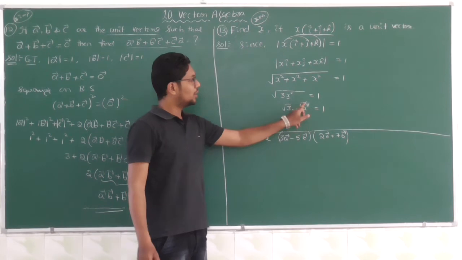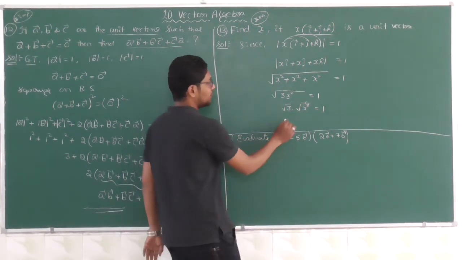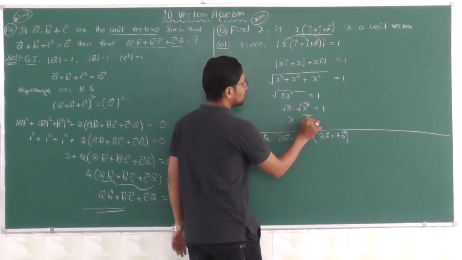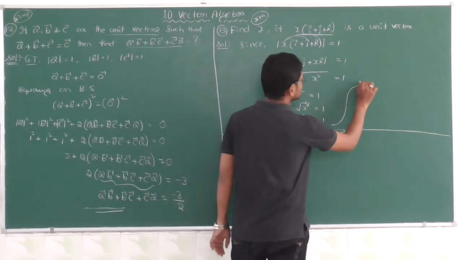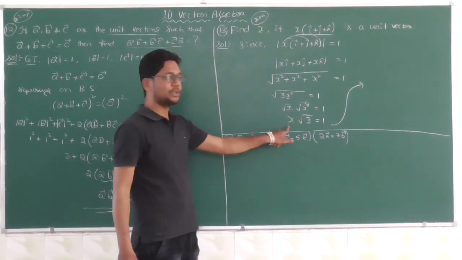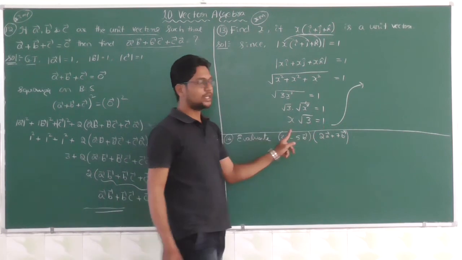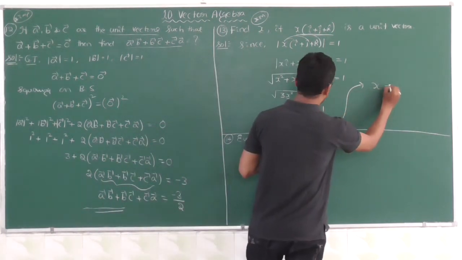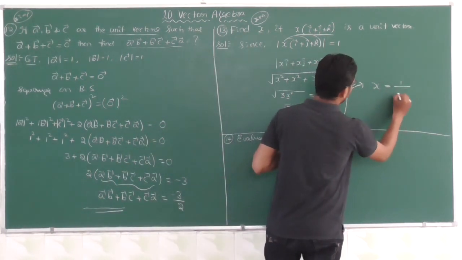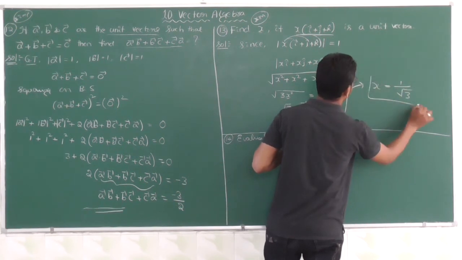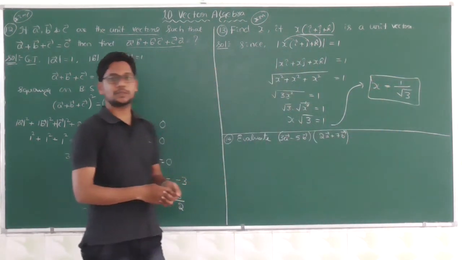The root and square get cancelled. Therefore, x into square root of 3 equals 1. From this we want the value of x. Send this root 3 to the right side, then it will divide: 1 divided by square root of 3. Hence, it is the value of x.